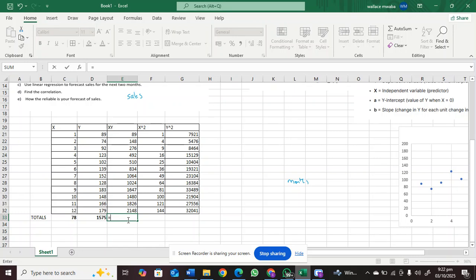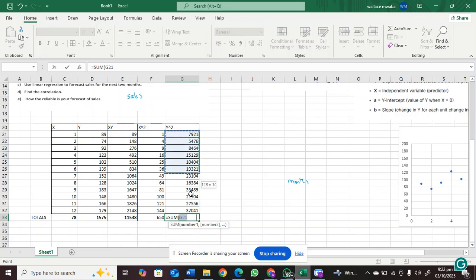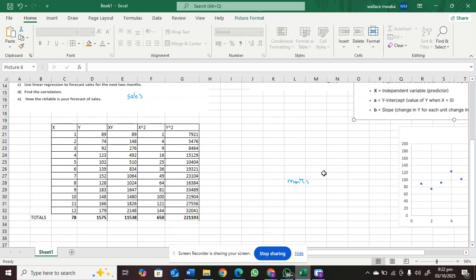For xy, also get the total, for x squared get the total, and for y squared also get the total. These totals are the ones you're going to see in the formulae.